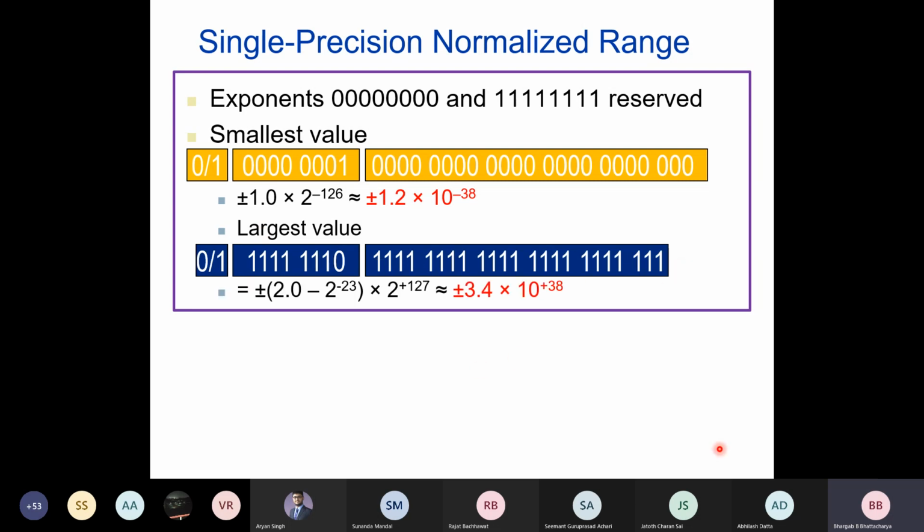And this is equivalent to, as we have just discussed, 2.0 minus 2 to the power minus 23. This is exactly equal to 2.0 minus 2 to the power minus 23.